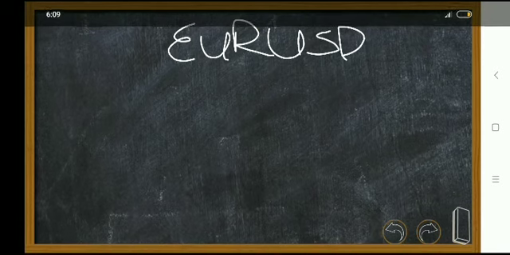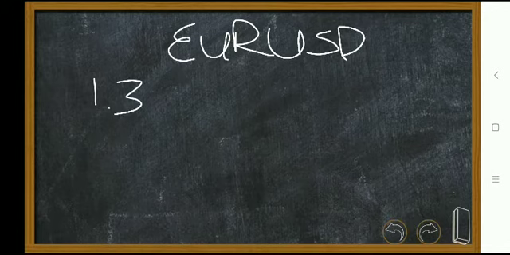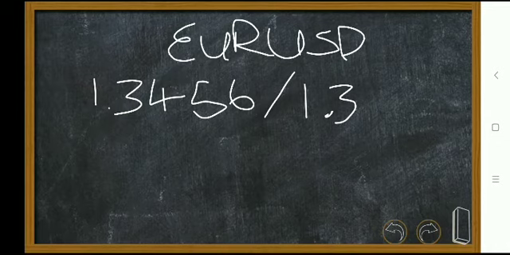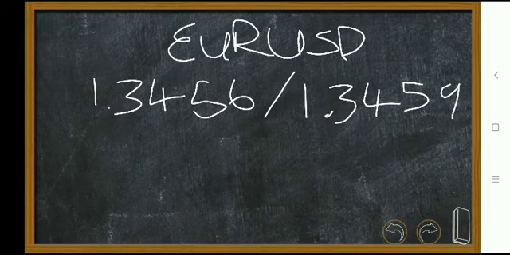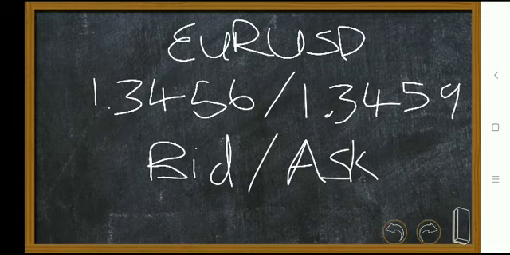So we said we will have this price, and also this price. It's for the same currency pair. These prices are what we call the bid and the ask.